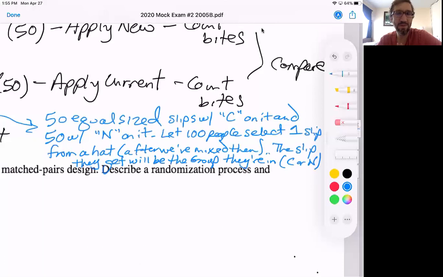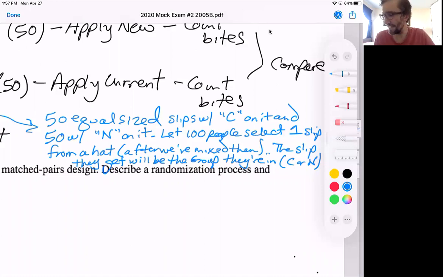Now I hope that using C and N isn't too obvious. You'd want the people to be blind, right? Single blind is if either they don't know what treatment they've received or the person who's measuring their number of bites doesn't know. You could always say A and B. A is the current and B is the new.